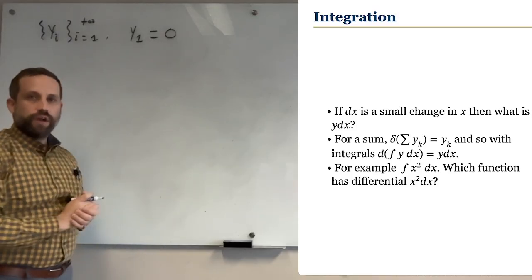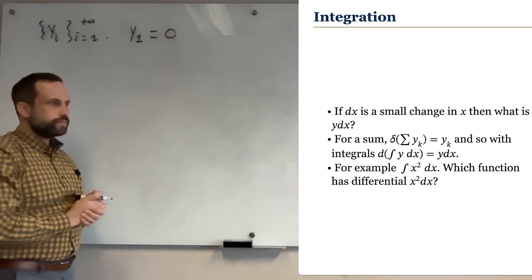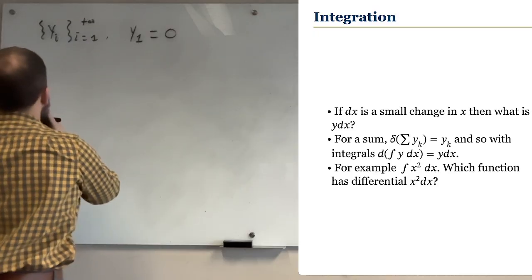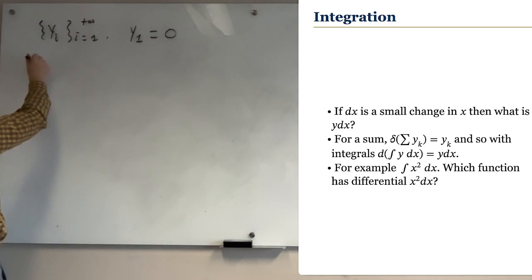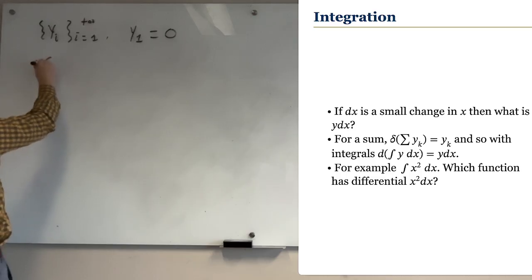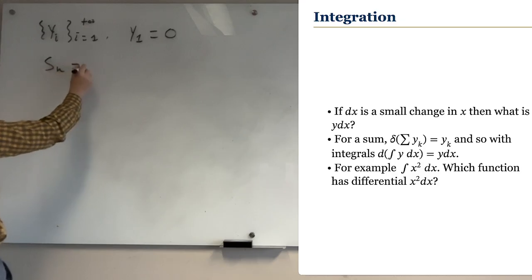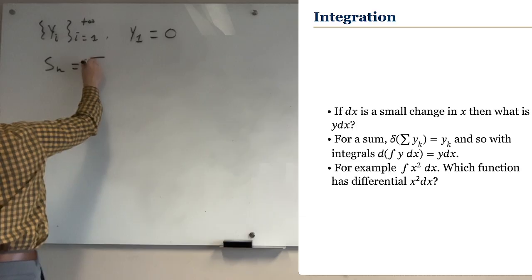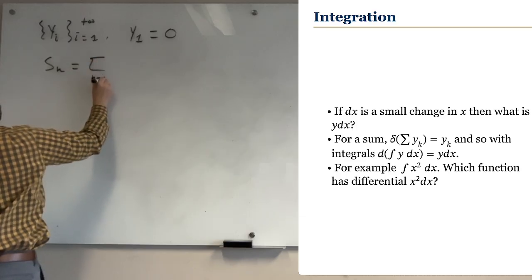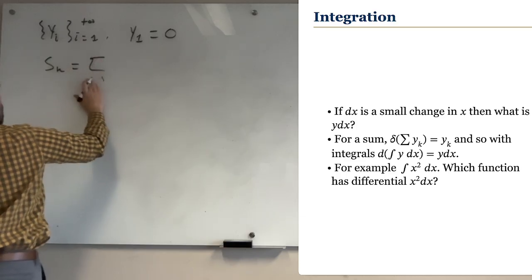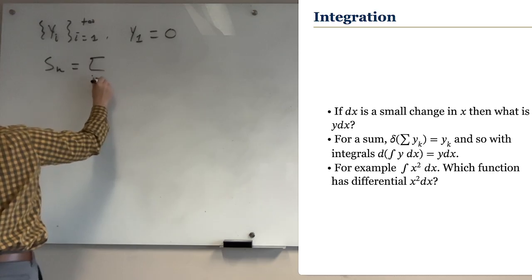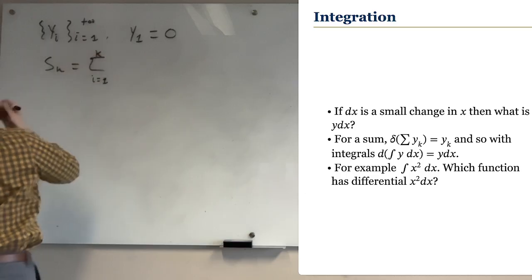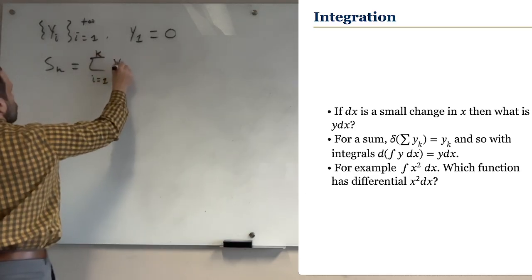Now, there's a couple of things that I can do with this. I can form the sum sequence. I'm going to call this S sub k. S sub k is going to be equal to the sum, i equals 1 to k, of y sub i.